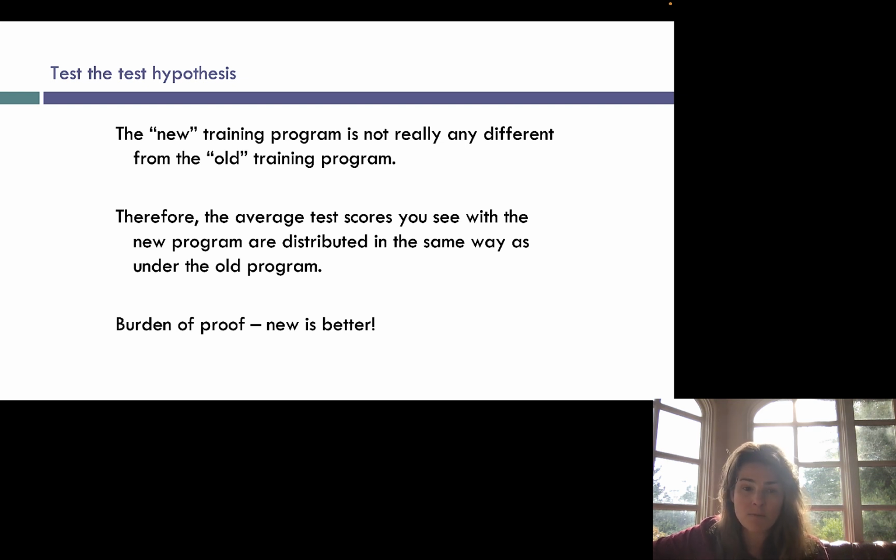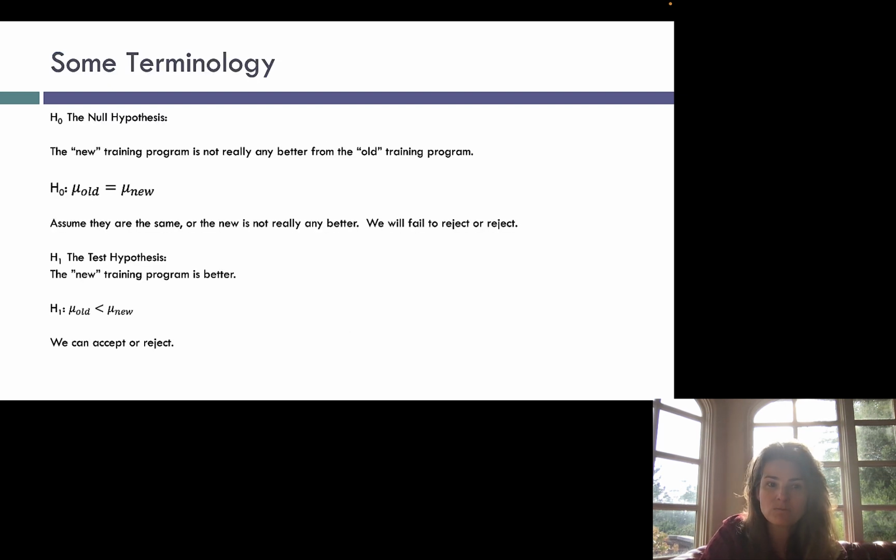Essentially, the assumption we make is that the new training program is not really any different from the old training program. And therefore, that the average test scores you see with the new training program are distributed the same way as under the old program, right? So like this new average is just from the old population. And we typically put the burden of proof on the new program to prove that it's really better, really different than the old program.